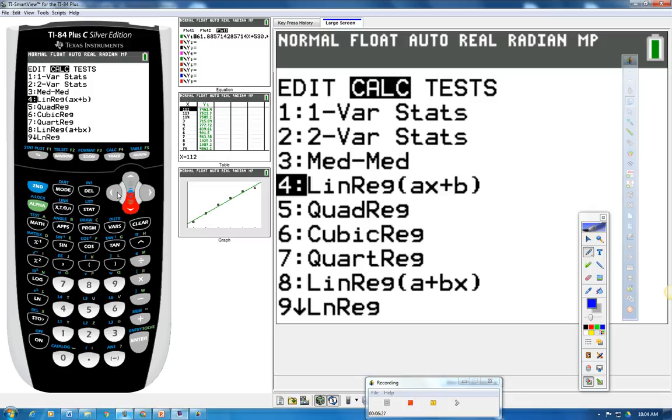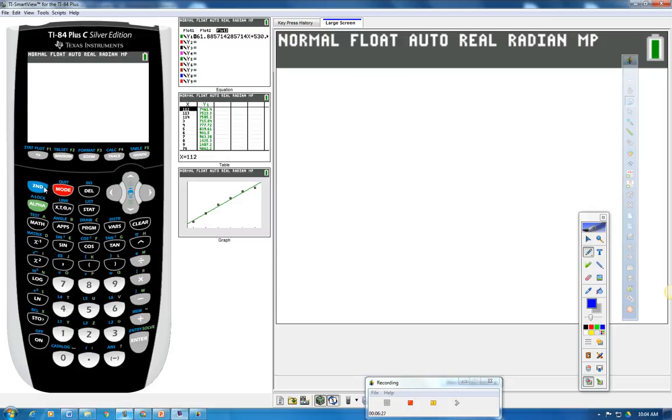So when you select that, you're only going to get LinReg up on the screen. I'm going to show you now what you're going to get. You would need to go through and put in your X list, your Y list, and then where you want the equation to be stored.